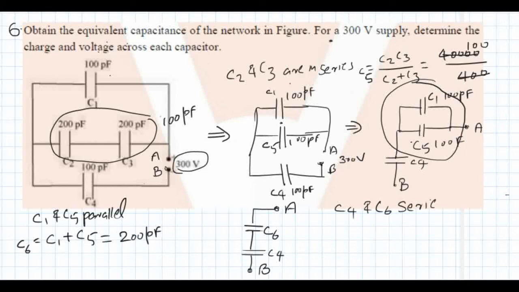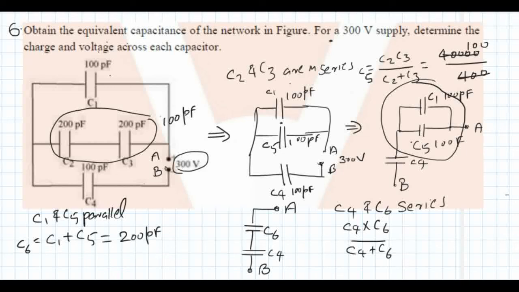And when C4 and C6 are in series, what is effective capacitance? It is C4 into C6 divided by C4 plus C6, right? This is from the idea that when two capacitors C1 and C2 are in series, effective capacitance is C1 C2 divided by C1 plus C2.